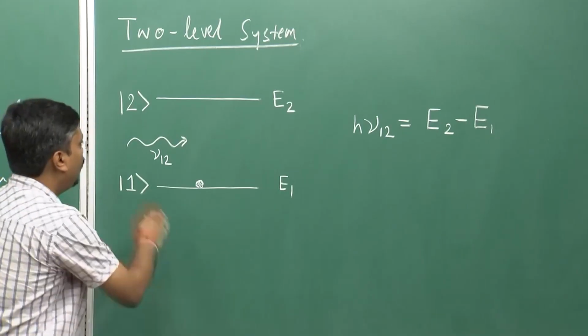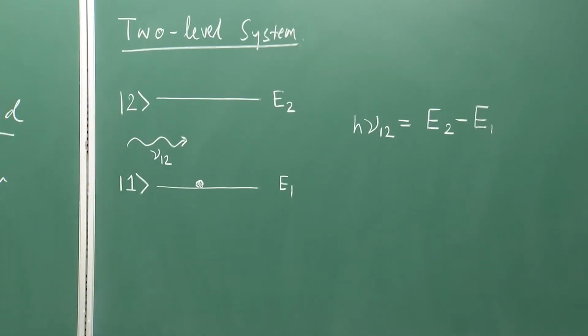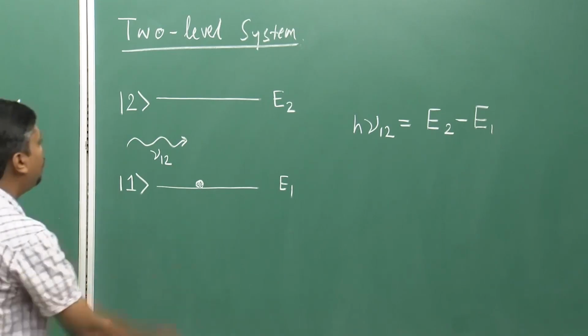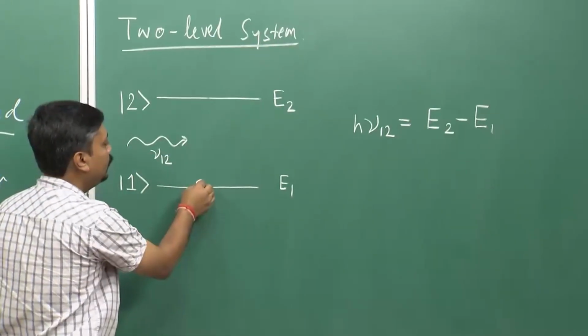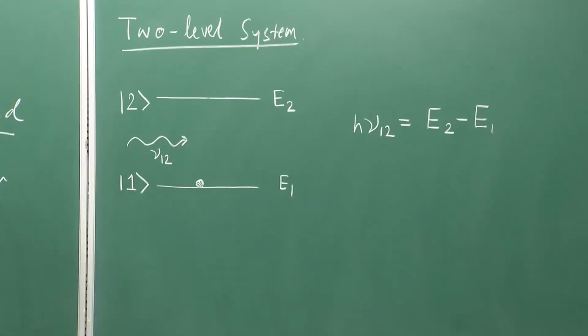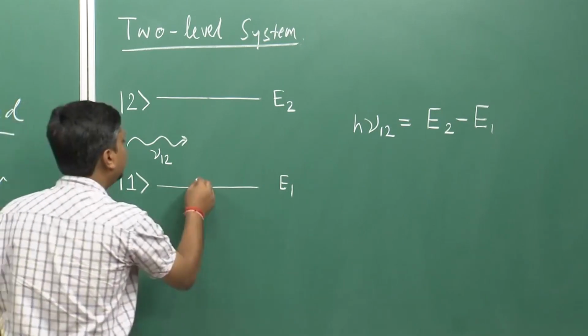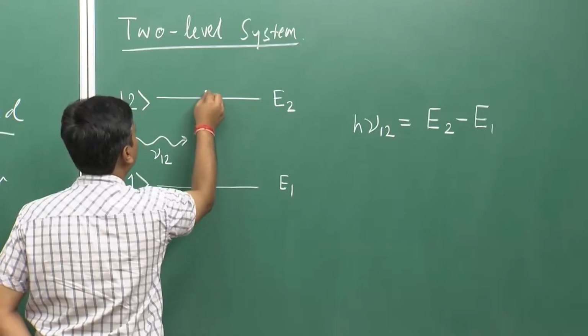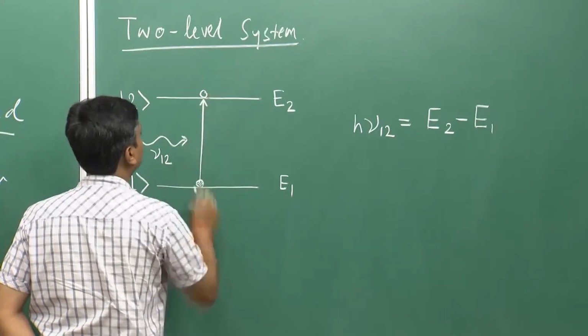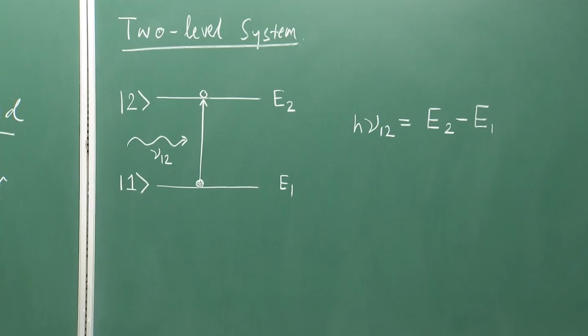Okay. So, I am bringing a light with a frequency nu 1 2 such that the h nu 1 2 matches the gap between the energy levels 1 and 2. So, what will happen? This atom will be now excited. So, from the ground state, it will make a transition to this place now.